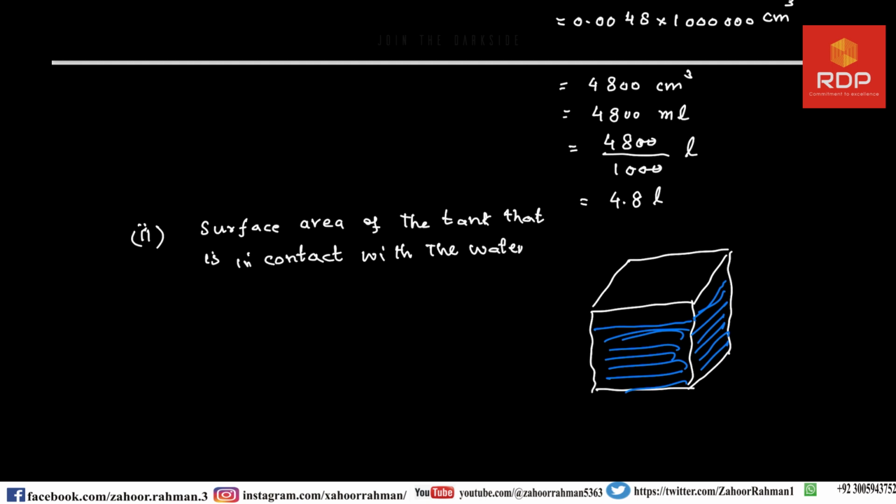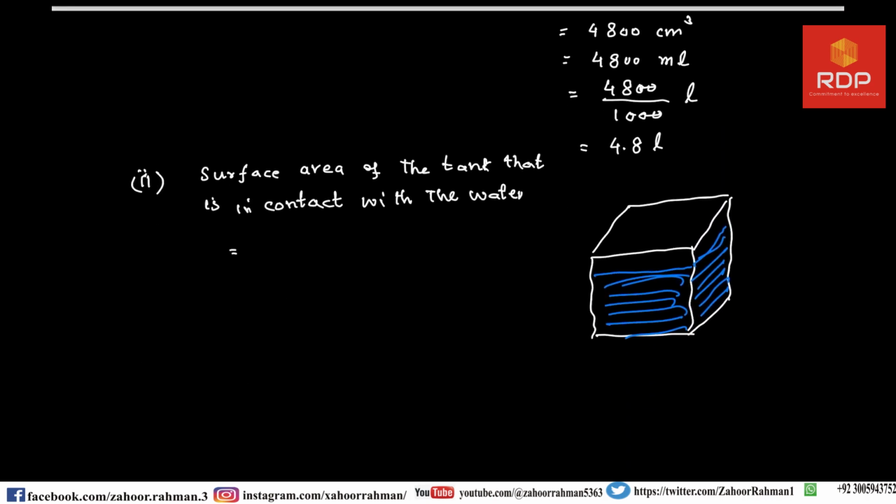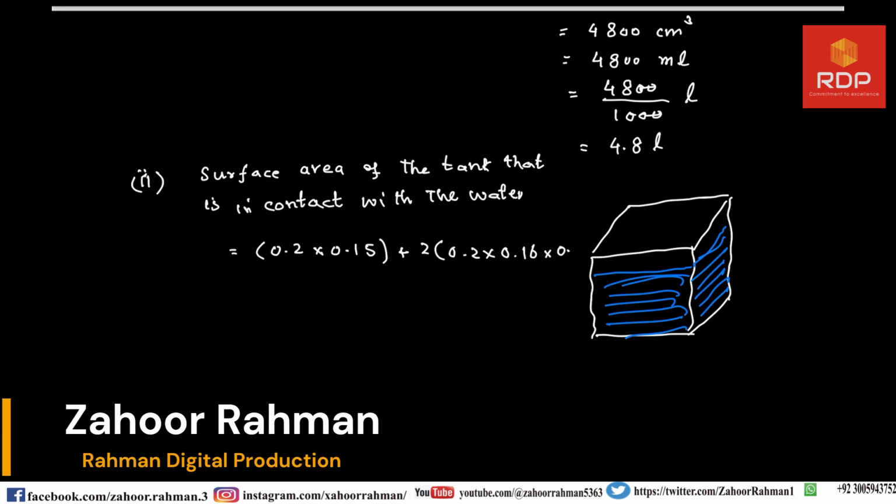And for that we have to find, is equal to 0.2 into 0.15 plus 2 into 0.2 into 0.16 plus 2 into 0.16 into 0.15.